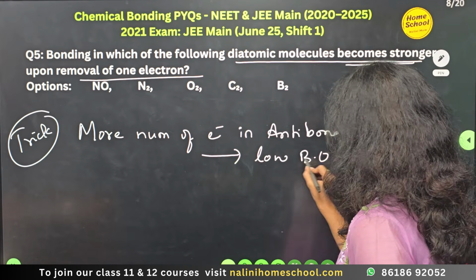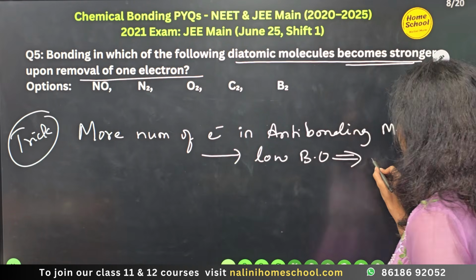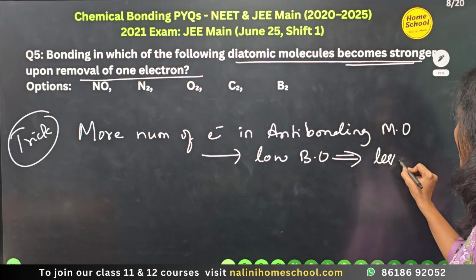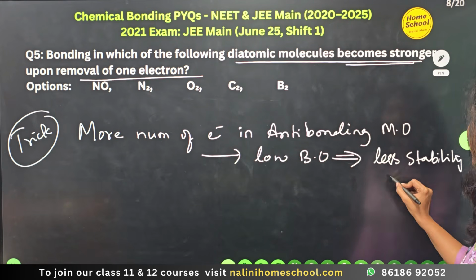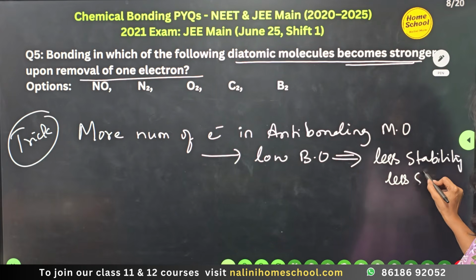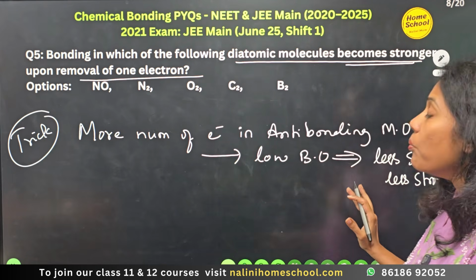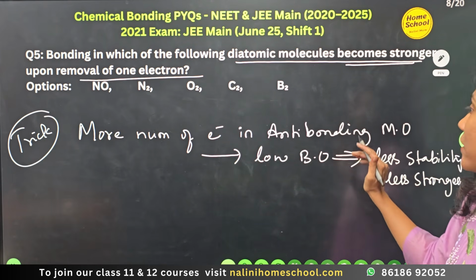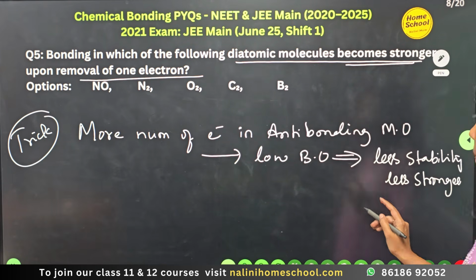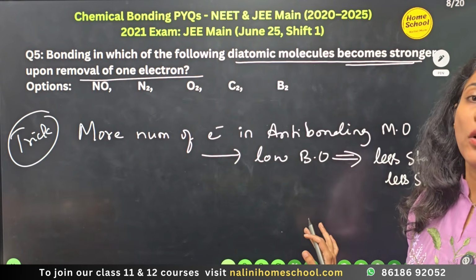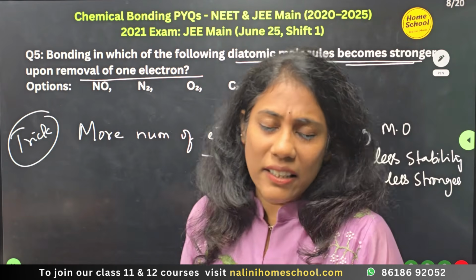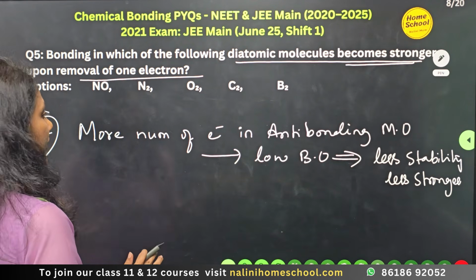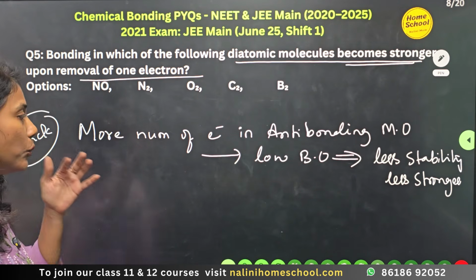Low bond order leads to less stability, or less strength. So that bond would be less strong. So higher the number of electrons in antibonding molecular orbitals, you would expect low bond order, and that leads to less stability or less strength in the bond. This is what you need to know.